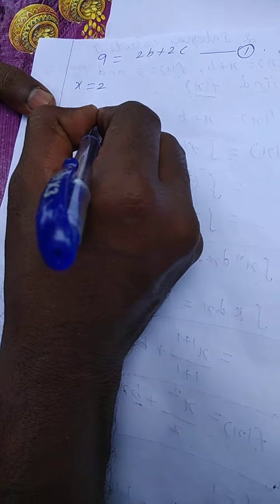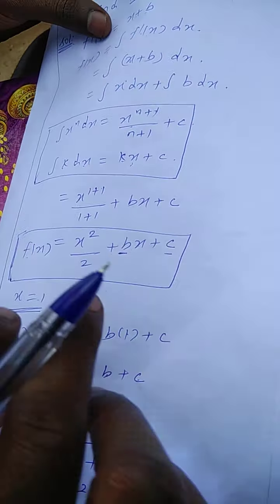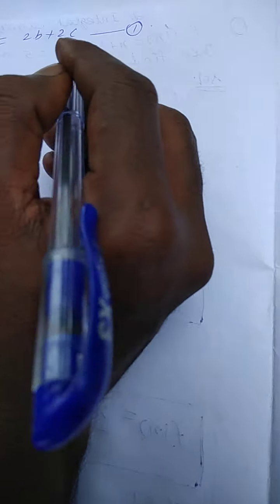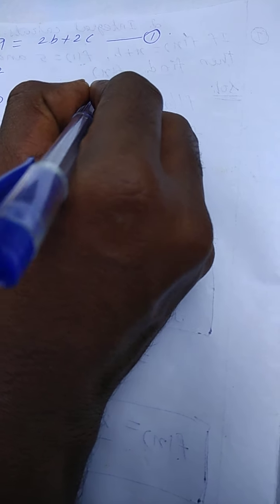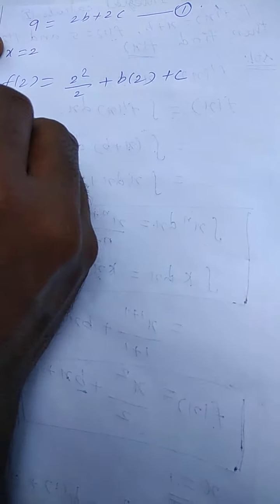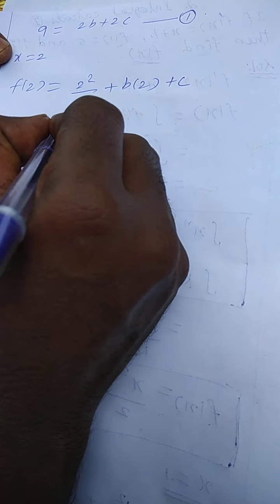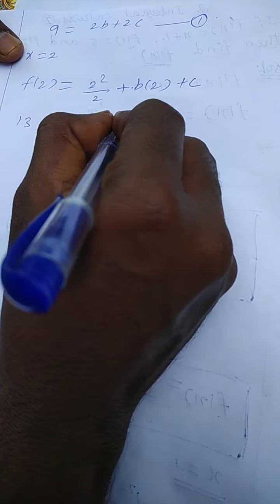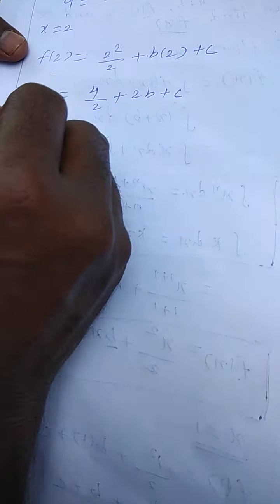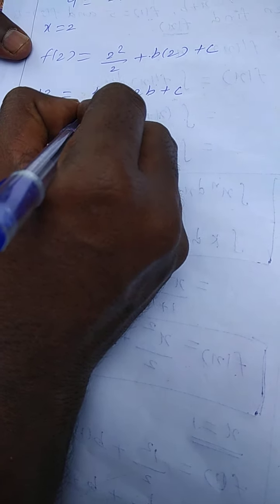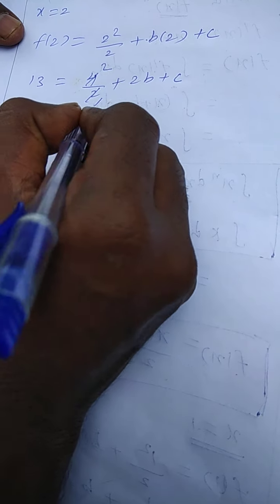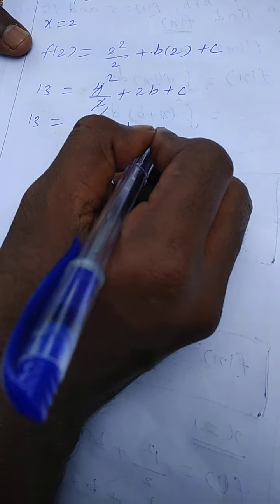F of 2 equal to 2 square by 2 plus b into 2, 2b, plus c. What is the f of 2 value? 13. So 2 square means 4 by 2 plus 2b plus c. So 13 equal to 4 by 2, 2 twos are 4, 2 plus 2b plus c.